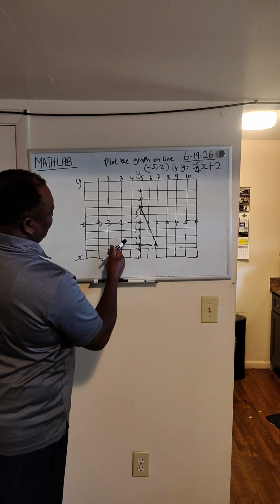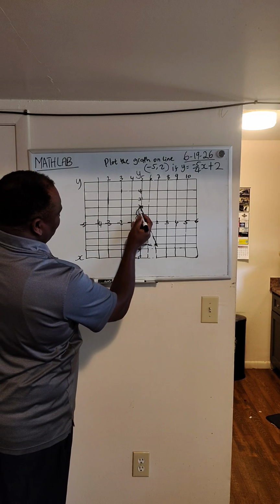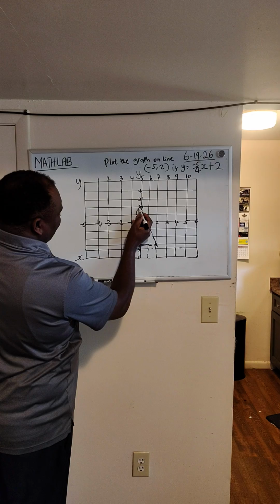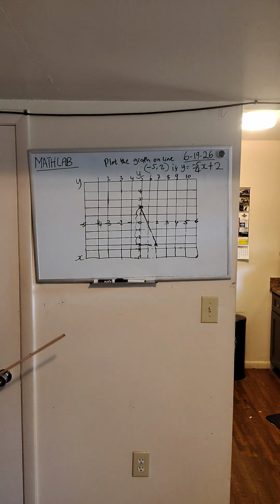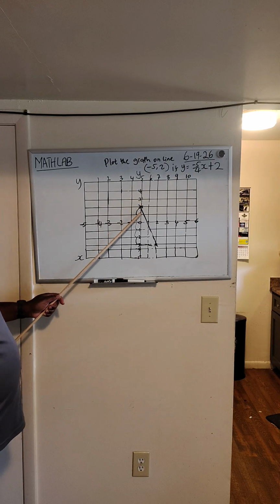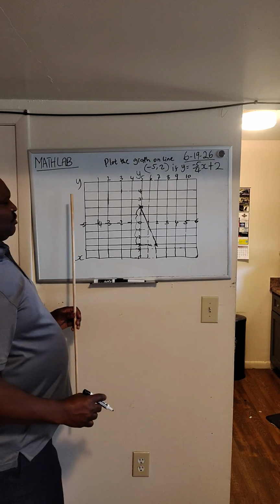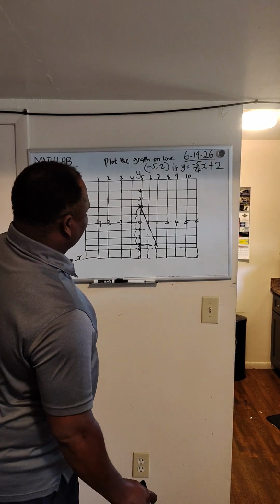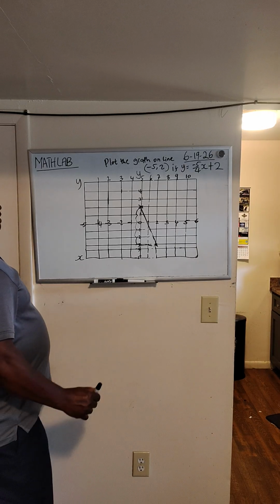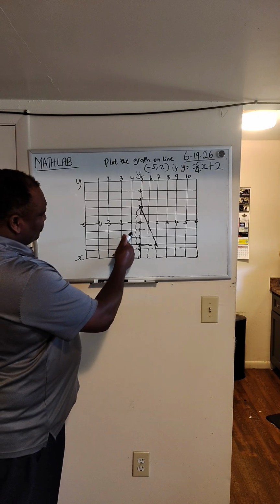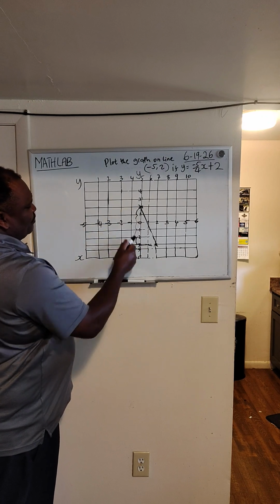So now let's make a correction, because it says negative 5 and 2. When I look at this, it looks like it's all on the positive side. So now negative 5 and 2 is positive side, because this 2 is positive.